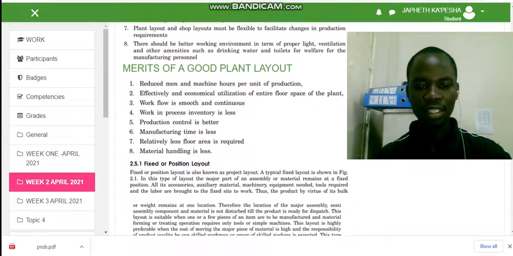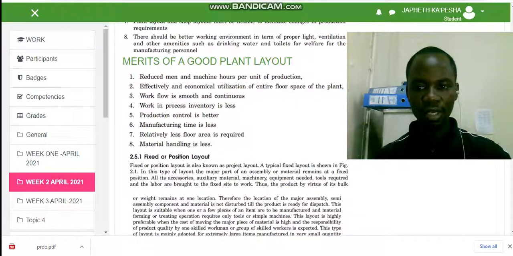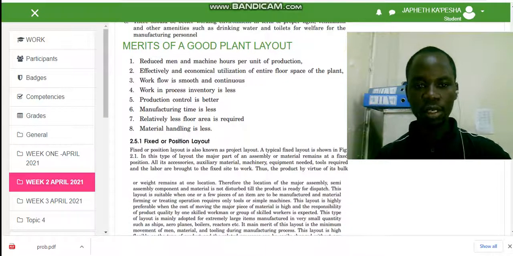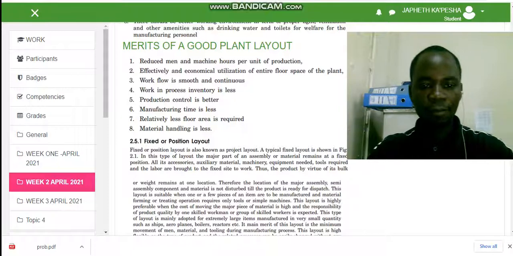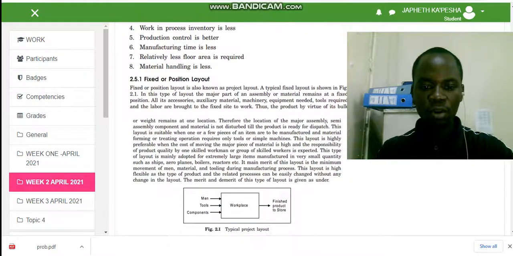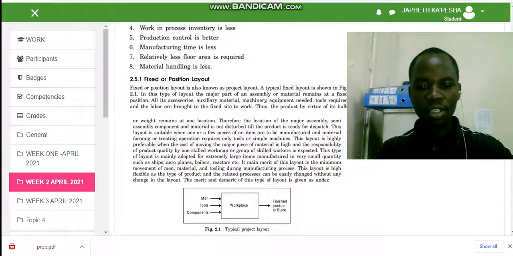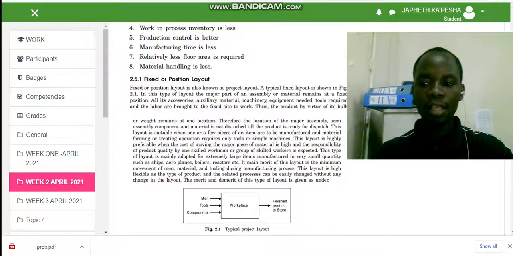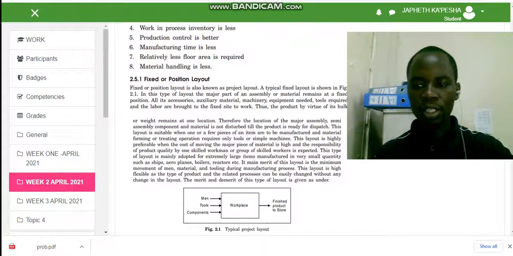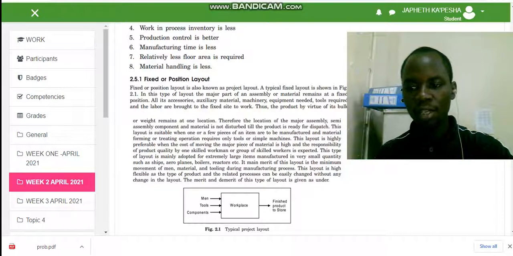So what are the disadvantages? Okay, here we will look at the types of layouts which exist. The first one, we talk of fixed or positional layout. In the fixed or positional layout, main tools and components are synchronized at one end of the workshop, and then at the other end of the workshop we only obtain the finished product.